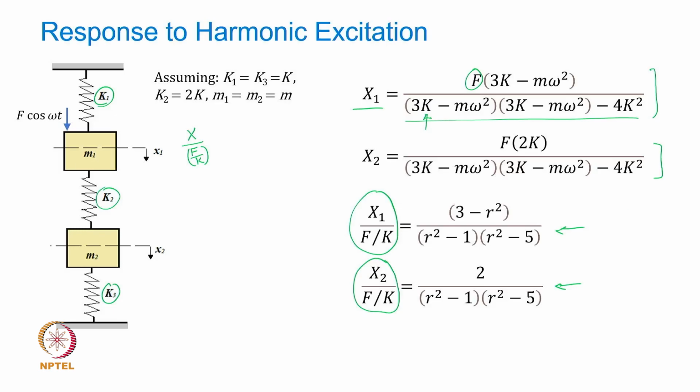On the right hand side you have this expression wherein I have assumed r to be omega by square root of k over m. I need some reference frequency for normalizing it, right? I can take any frequency as such, but what I have done is, you remember that for this particular assumption, what was our first natural frequency of this system?